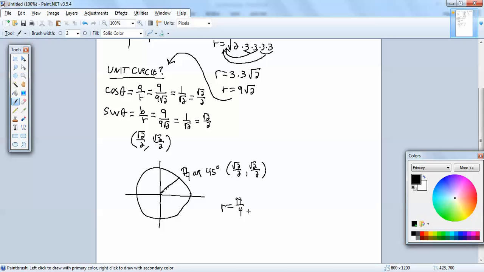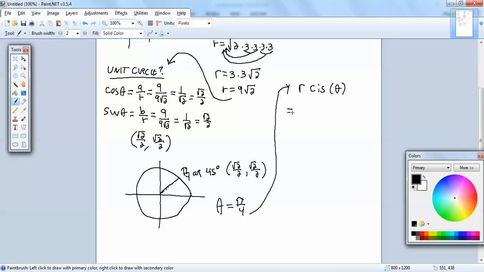Okay. Now recall, theta is equal to pi over 4. There we go, that's better. So now we want to write down our polar representation, which is r, and then CIS theta.